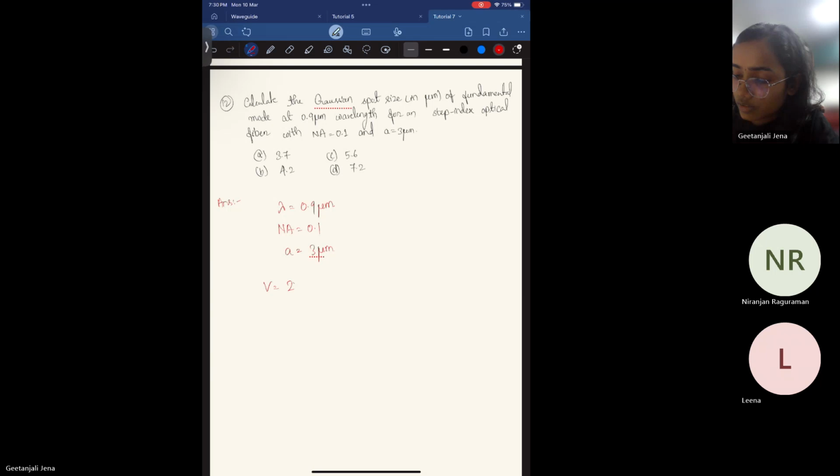V is 2 pi over lambda times a times numerical aperture. So 2 pi over lambda, lambda is 0.9, a is 3, numerical aperture is 0.1. So this is 2 pi by 3.